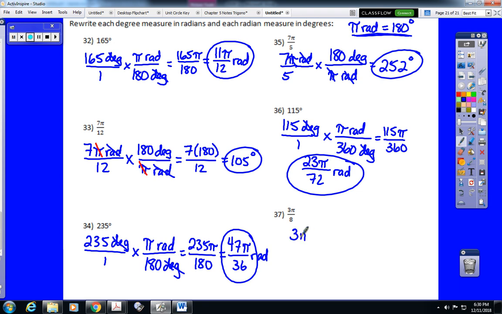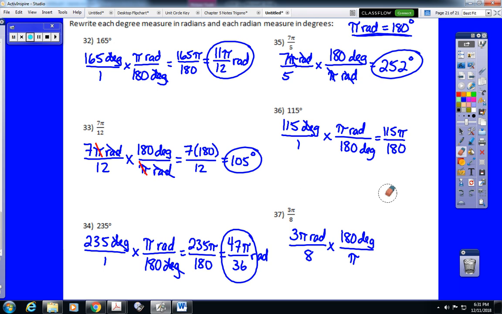And finally, 3 pi radians over 8 times 180 degrees over pi. You know, I just noticed a mistake. I got to go back here. I must be getting tired. I should have been multiplying by pi over 180 degrees. So this should be 115 over 180, which means that this is the wrong answer.